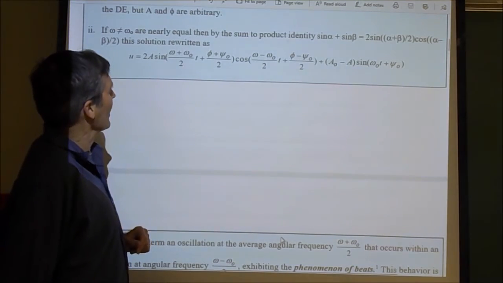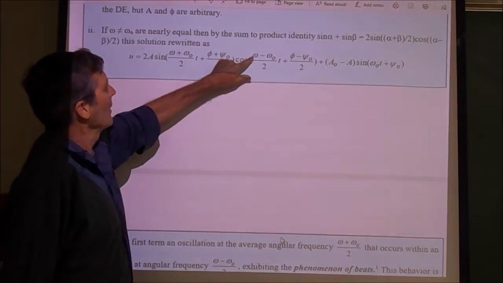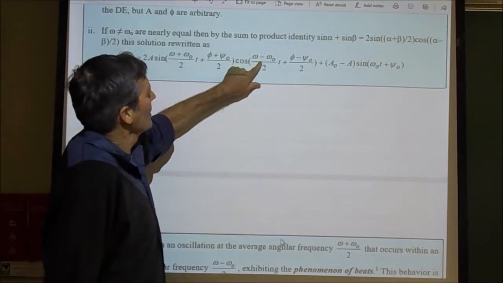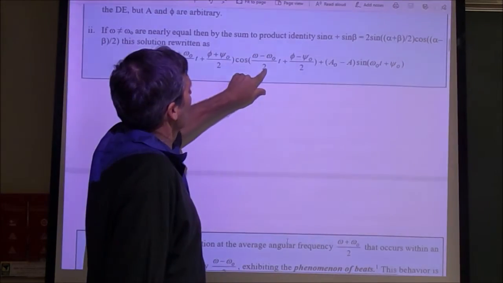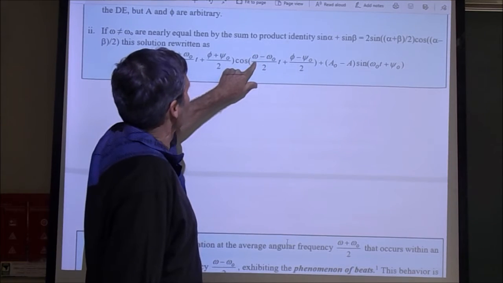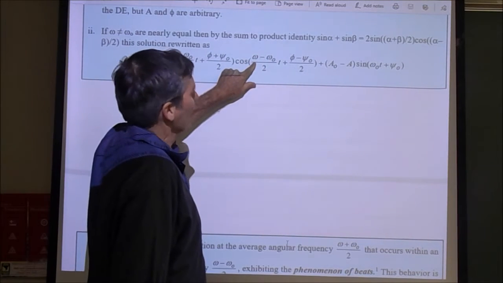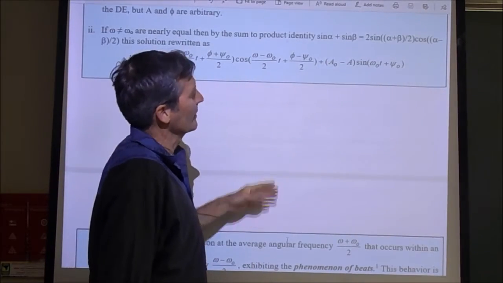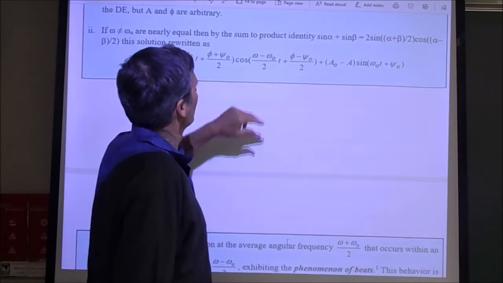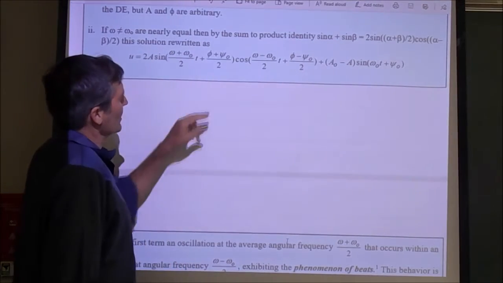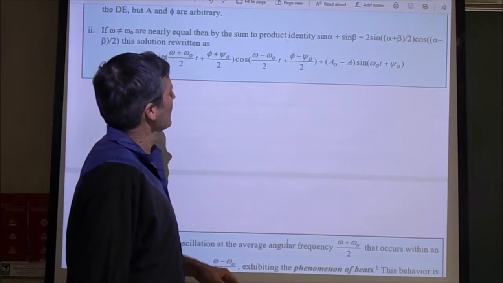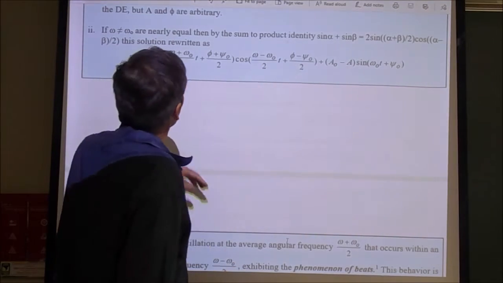Because now this says this is very, very close to 0, but not 0. So it's a very small frequency. And you have long waves, right? The wavelength is inversely related to the frequency. So this has a real long wavelength because it's got a low frequency.